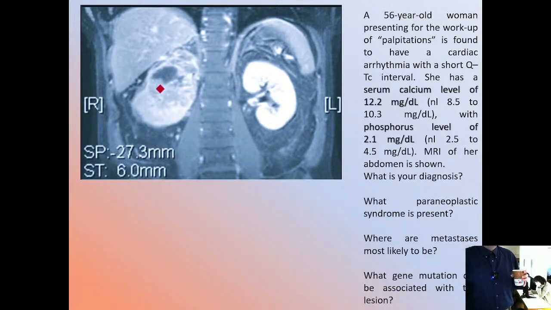Look here. There is a totally different configuration of the right kidney if you compare it to the left kidney. And let's have a look, there is some sort of arrhythmia, and there is an increased calcium with consequent decrease in phosphorus level in the serum.